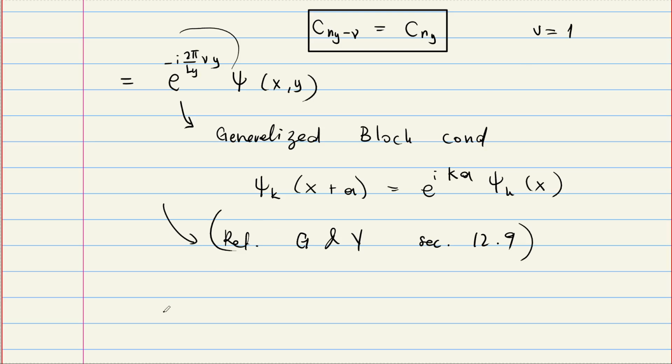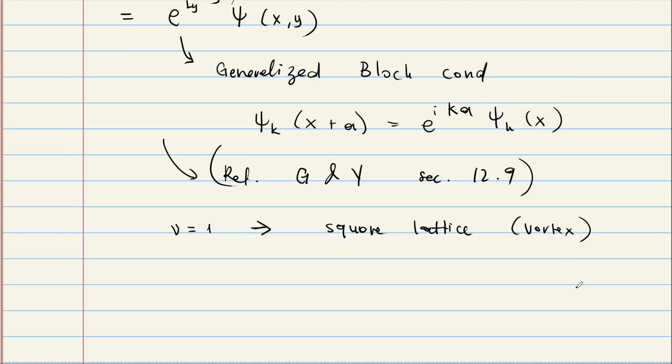And then if you take nu is equal to 1, you find square lattice. Square lattice. And we are talking about vortex lattice, right? So the magnetic field enters the superconductor, and they form vortices, and these vortices arrange in a crystal lattice, exactly like conventional crystals we have. And the crystal structure is square lattice if you take nu is equal to 1.